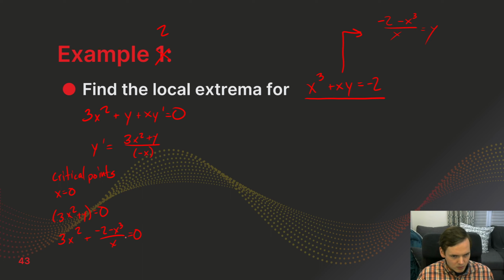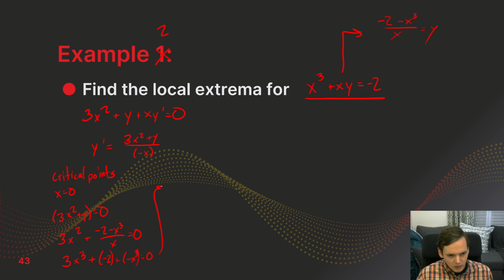So what can we do from here? Just making sure I didn't make any mistakes in that. Okay. So I'm going to multiply everything through by an x. So I get 3x cubed plus negative 2 plus negative x cubed equals 0.